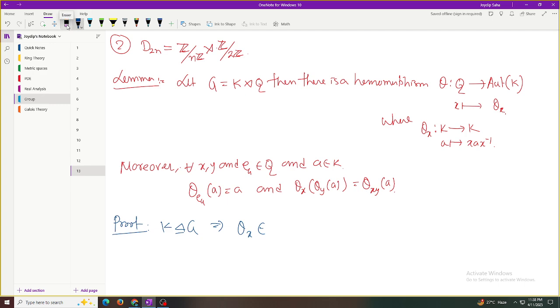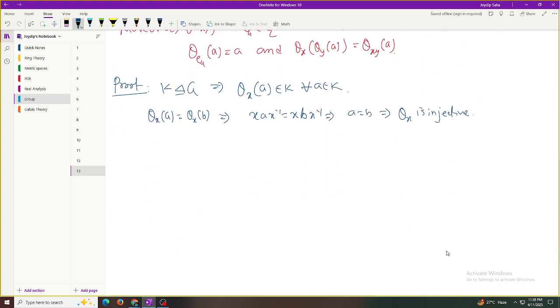Now why is theta x surjective? Theta x of a belongs to K for all a belonging to K. And theta x is injective: theta x a equals theta x b implies x a x inverse equals x b x inverse, which implies a equals b. This implies theta x is injective.